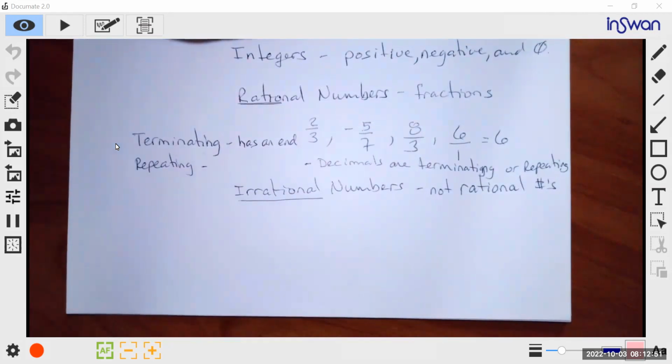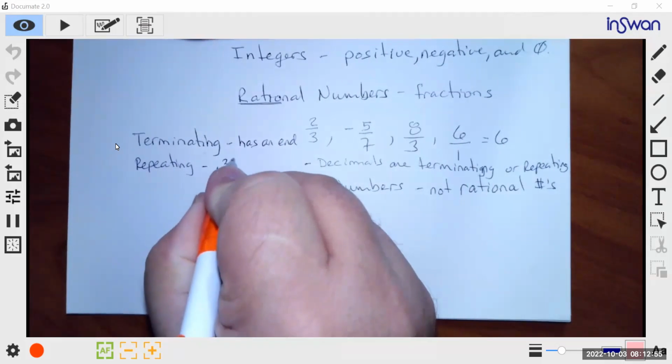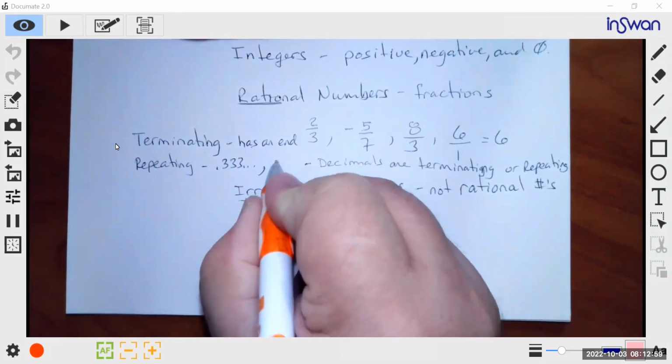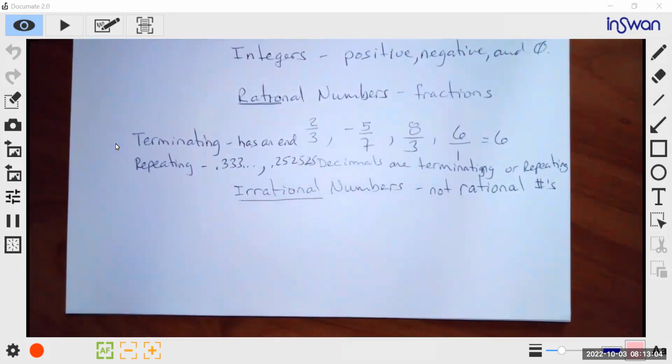Repeating is just that. It's repeating. It could be the same number that's repeating or a pattern that's repeating. 2, 5, 2, 5. So you can guess what the next numbers are going to be. 2, 5, 2, 5, 2, 5.